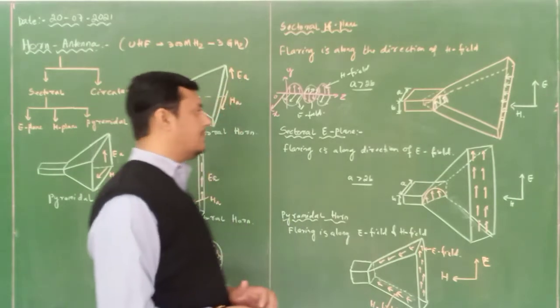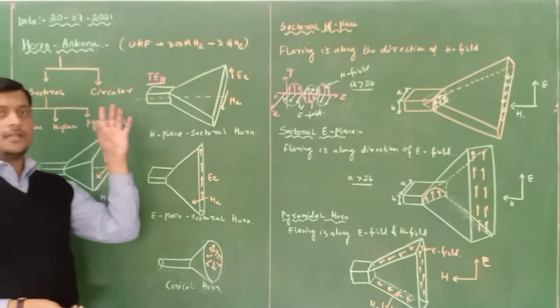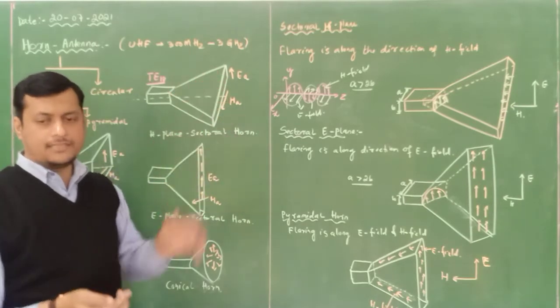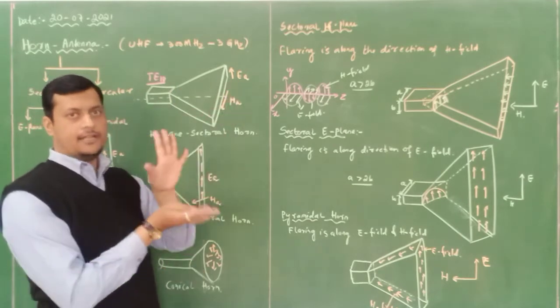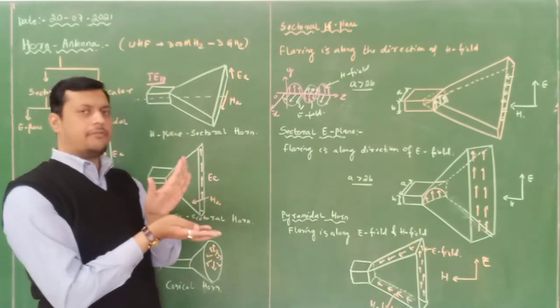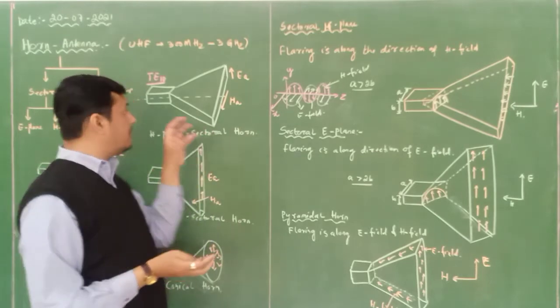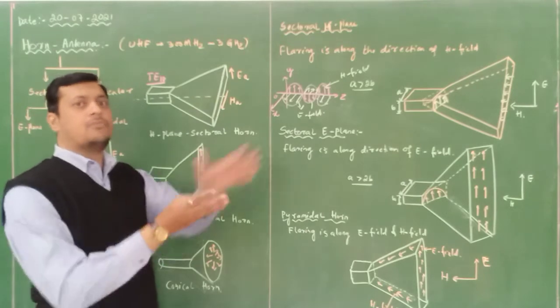Now here you can see this horn antenna is nothing but a rectangular device which is flared out. Flared means it moves out like a flaring angle. If my wave is moving in this particular direction and the information is delivered, it moves out in this part.